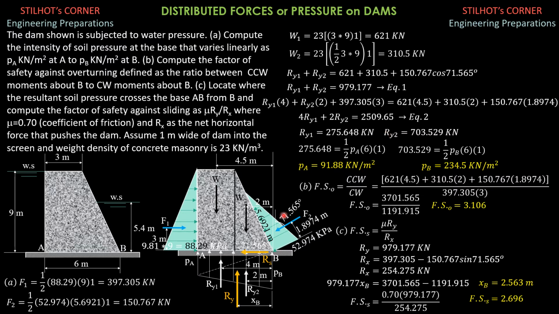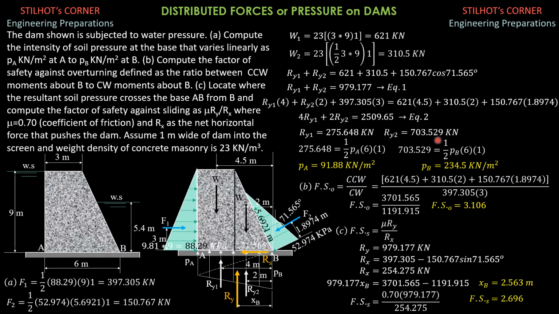Then equals the counterclockwise moments caused by W1, 621. The moment arm is 4.5, which is 3 plus half of 3, 1.5. So that's why you have 4.5 there. While W2 is at a distance 2/3 of 3, so 2 meters.